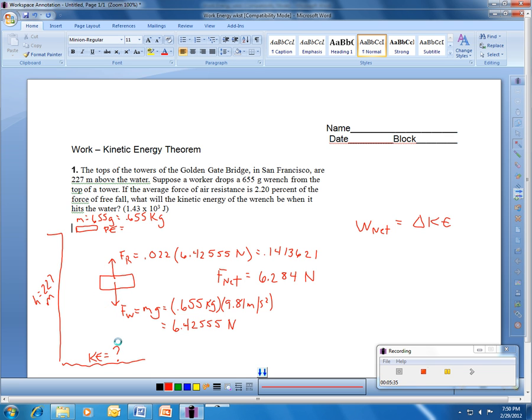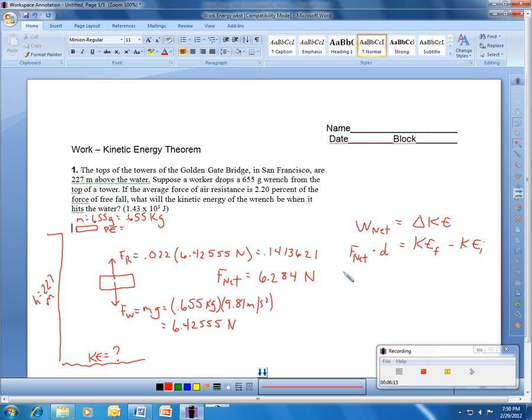These two things are not going to be equal, though, because there is work being done on the wrench that is going to change its kinetic energy. Okay? So the formula for the work is the net force times the displacement in the same dimension that the force is being applied. Anytime we have change in, that means the final situation minus the initial situation.